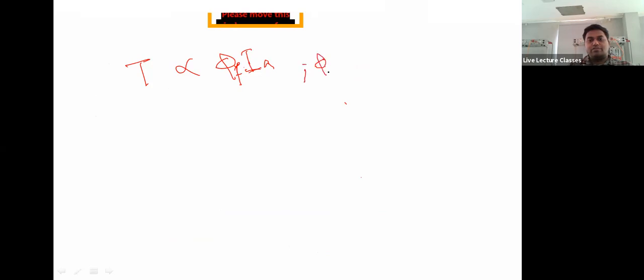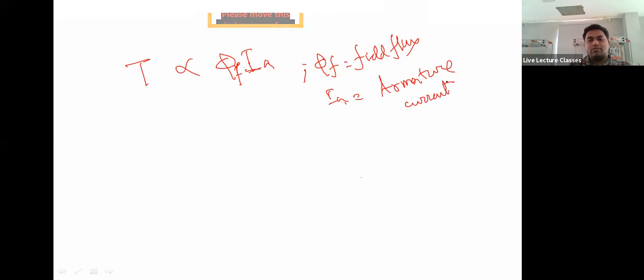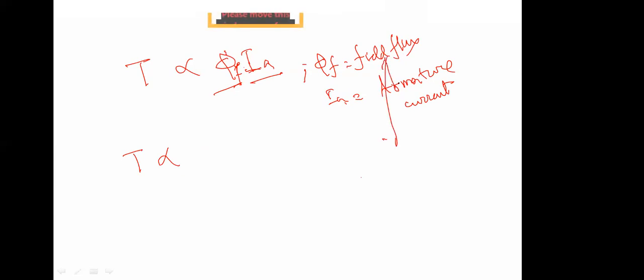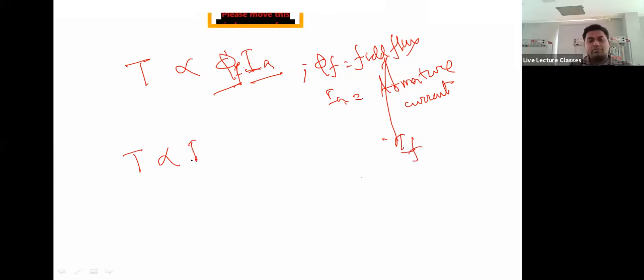So phi F is the field flux, IA is the armature current, right? So phi F into IA. Say phi F is produced by IA or IF? Field flux is produced by IF, field current only, right? So torque is proportional to IF IA.